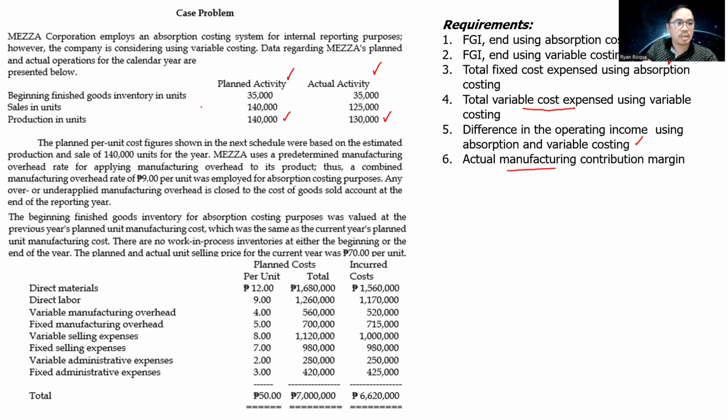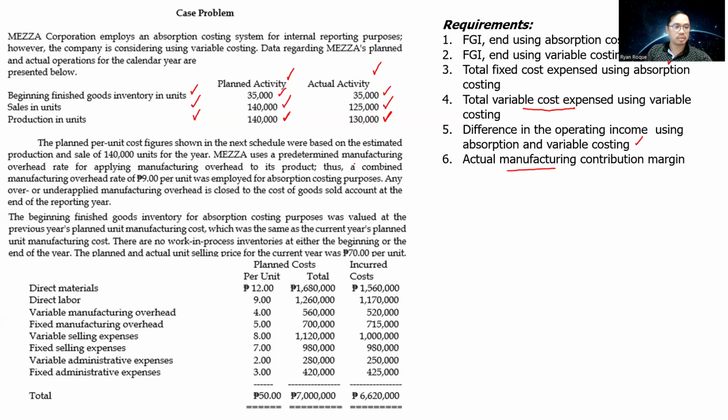We have the beginning inventory of 35,000 as planned and the actual is 35,000. The planned production is 140,000, but only 130,000 were produced in actual. And the sales were forecasted to be 140,000, but the actual is just 125,000.